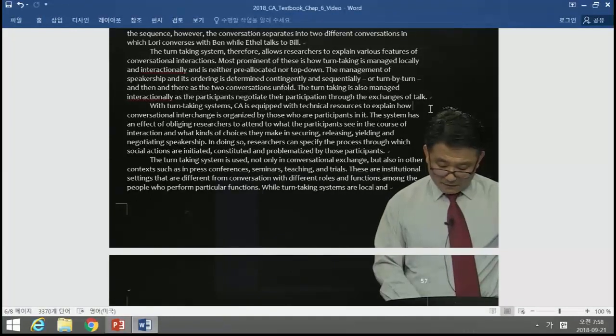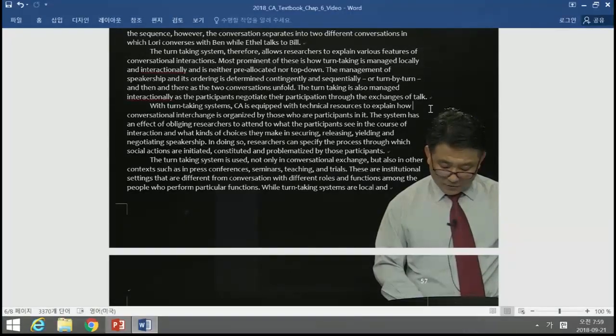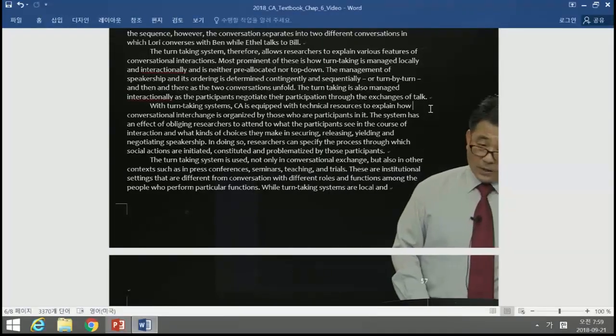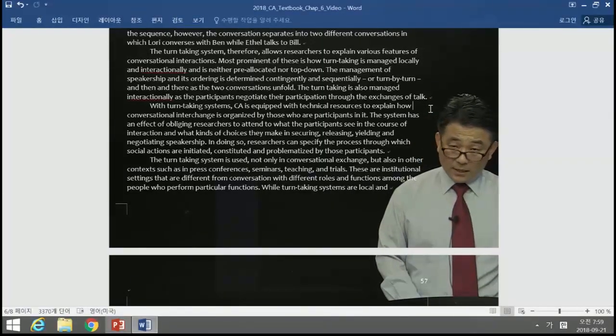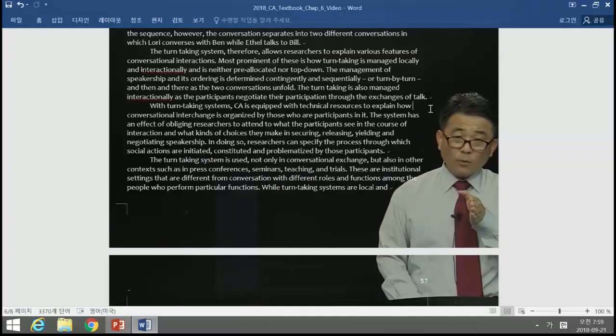The system has the effect of obliging researchers to attend to what the participants see in the course of interaction and what kinds of choices they make in securing, releasing, yielding, and negotiating speakership. So knowing this rule is not enough. We have to apply this rule to each conversational interaction. Knowing the turn-taking system only gets you halfway.